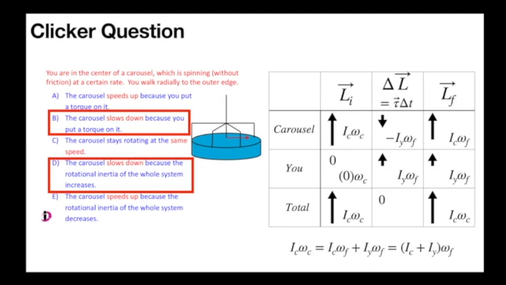We don't need to get into the particulars, but the direction that I'm walking matters, because that affects the direction that I'm applying force with my feet, and thus the torque that I apply. But anyway, as I walk out, I apply a torque on the carousel, and of course, the carousel applies a torque on me. So it's also true that the carousel slows down because I apply a torque on it.